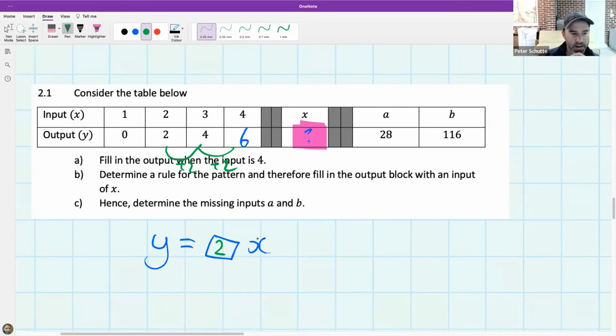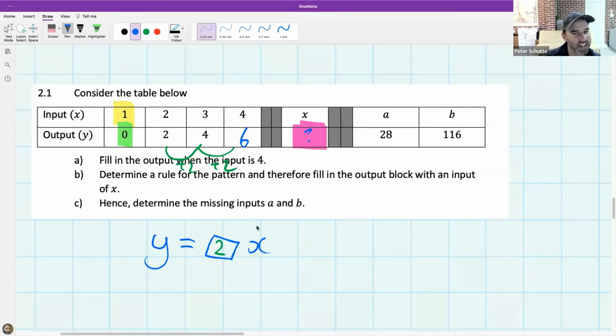So be careful, Micah, because if I put a 1 in as my input, if I put it into my rule, I get 2, and yet the output says I must be at 0. So what corrective action do I need to take? So Tando, be careful. Is it 2x plus 2?